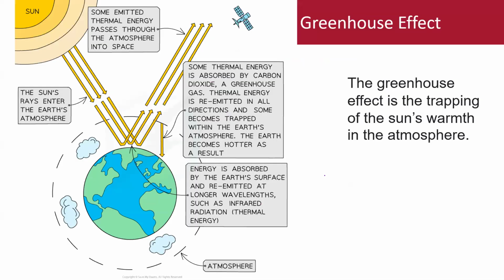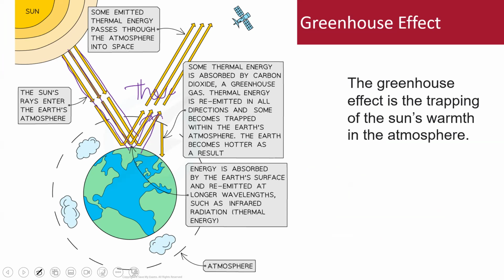Right. Greenhouse effect. If you do geography, you'd have done quite a lot on this. What you've got is the sun, right? The sun's rays enter through the Earth's atmosphere, and they can do that quite easily. Then, they turn into thermal energy, and they hit the Earth and then try to rise up.